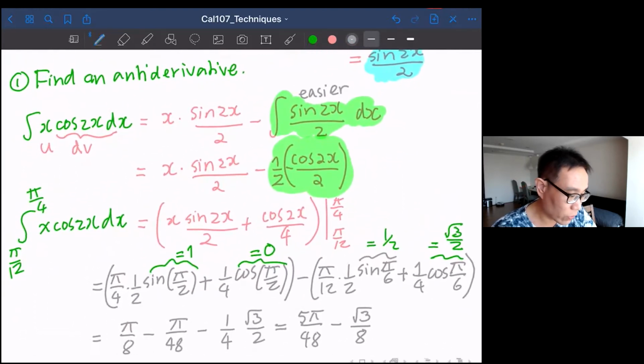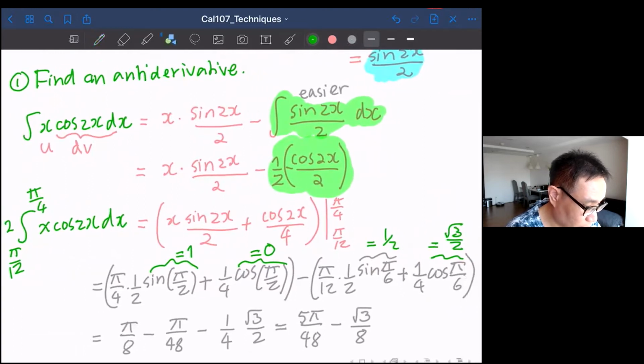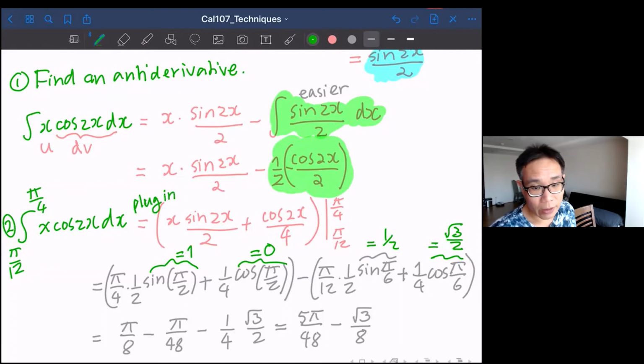So here the first step is finding the antiderivative, and the second step begins here. In the second step, you just plug in the values, so you get the final answer in terms of a number.